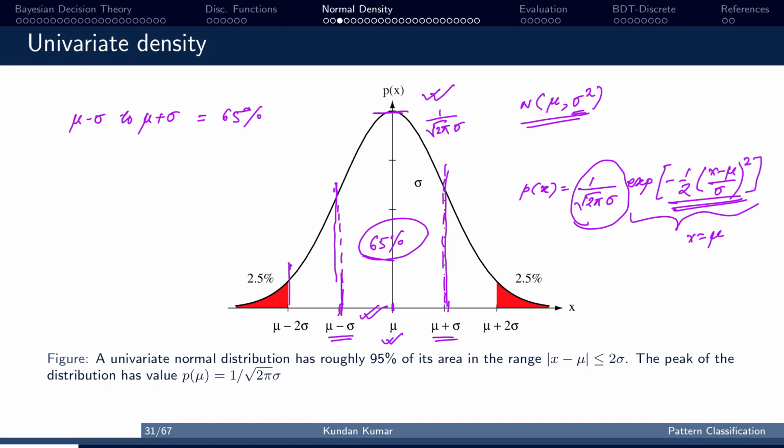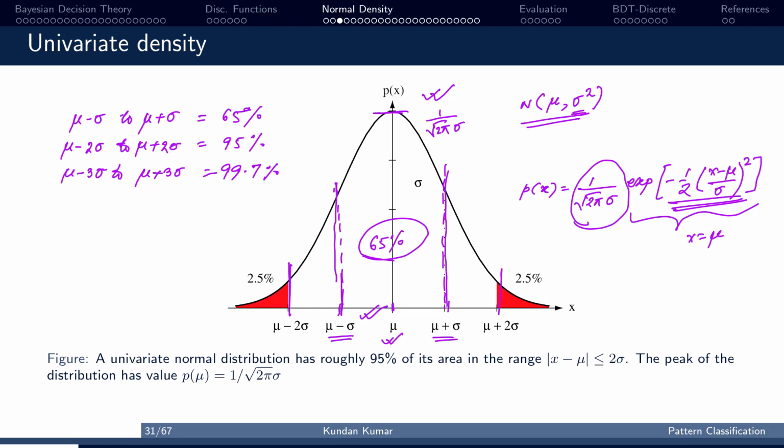And if we consider the range mu minus 2 sigma to mu plus 2 sigma, then we will see that 95% of the data lies in this range. And if we consider 3 sigma, 99.7% of the data lies in this range.